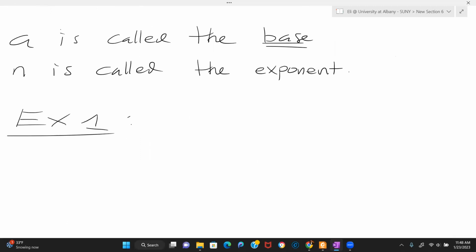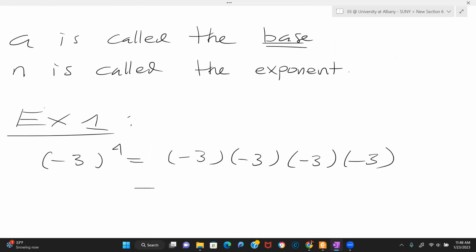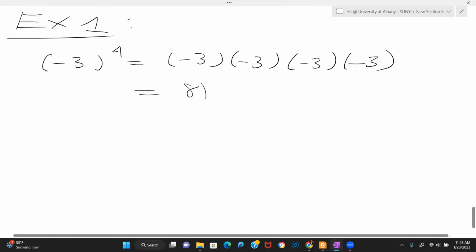So example one. So if you have, I don't know, let's say -3 to the fourth, it's going to be -3 times -3 times -3 times -3. And if you do that out, you get 81. All right.